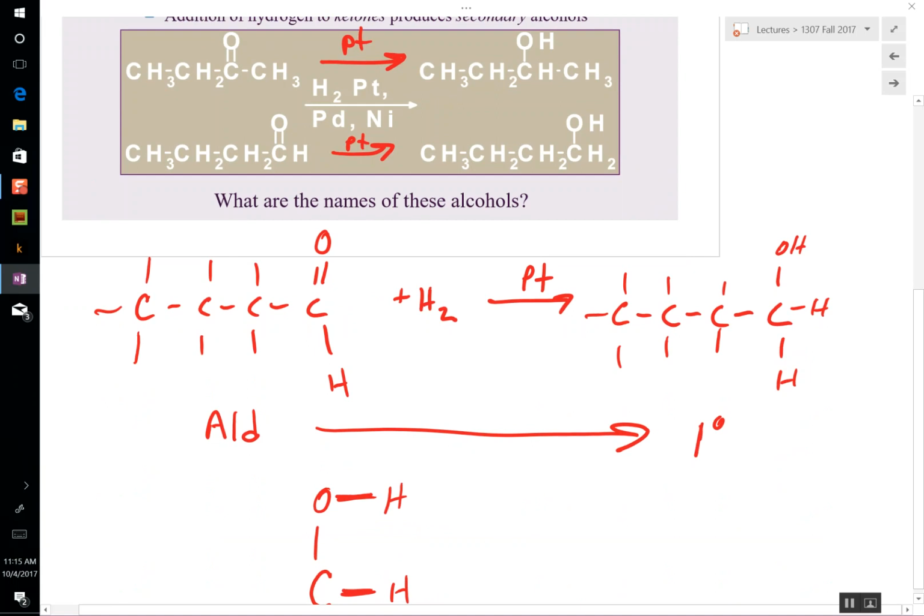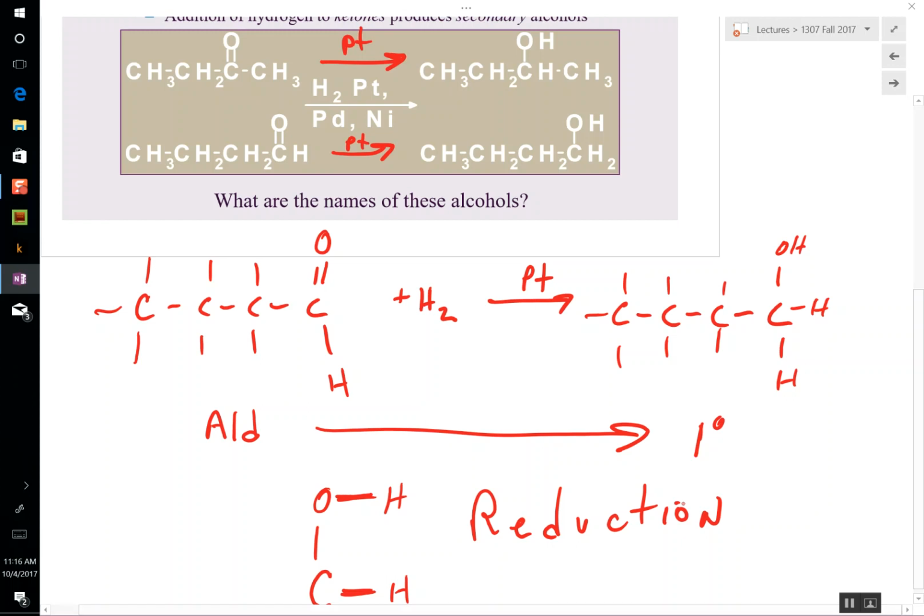We have only one here on the end to begin with, and we end up with one on the OH and 2 others right there. So we had 1, we end up with 3. We've added 2 hydrogens to that molecule, and this is reduction. Hydrogenation is reduction.